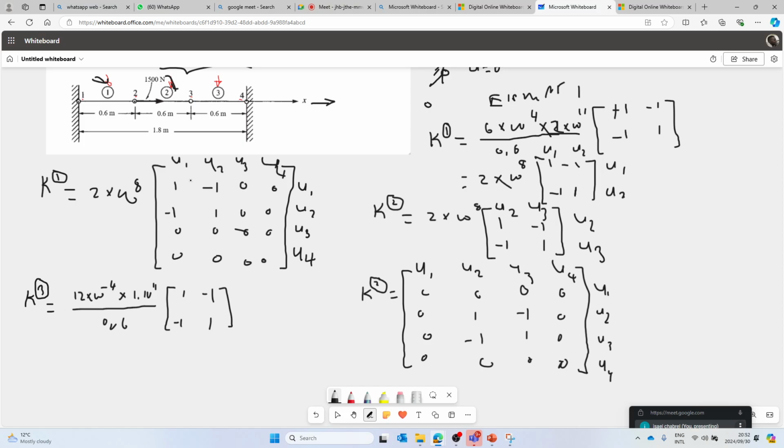Now, if you do that calculation, what value does that give you? Fortunately, in this case, if you take your calculator, this answer is also 2 times 10 to the 8. It's just a coincidence.